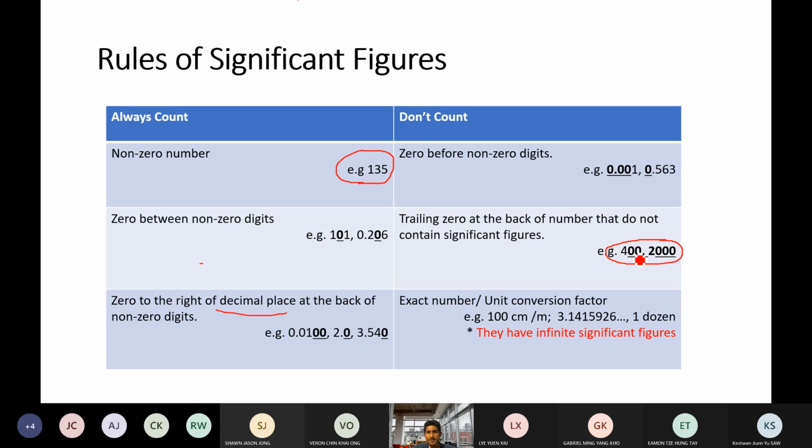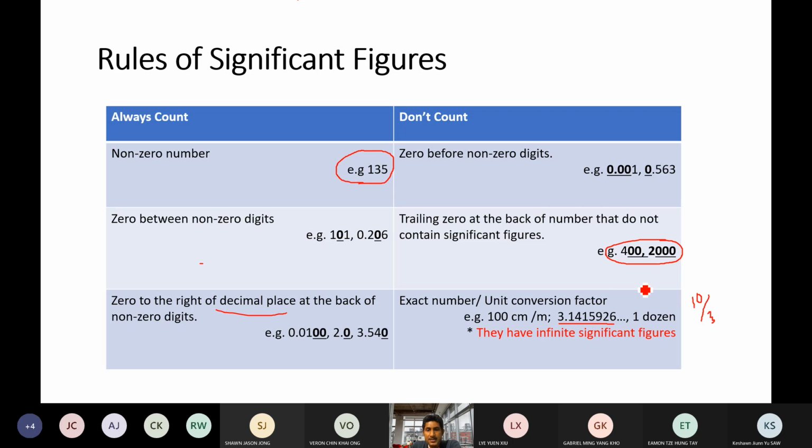Only the non-zero digits are counted. And for infinite numbers, like pi, or if you divide 10 by 3 you get 3.333333, continuing endlessly, those trailing figures are not counted for significant figures.